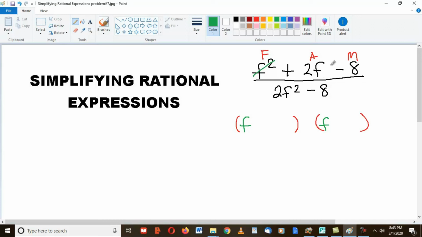When I'm looking at that, I know that 2 times 4 is 8, and 2 is 2 spaces away from 4, so it must be a 2 and a 4 somehow. Now it has to be a positive, since we have a positive in the middle, so the higher number has to be positive.